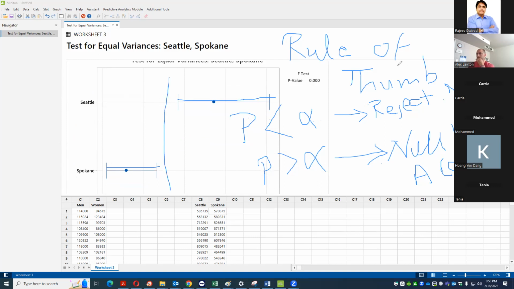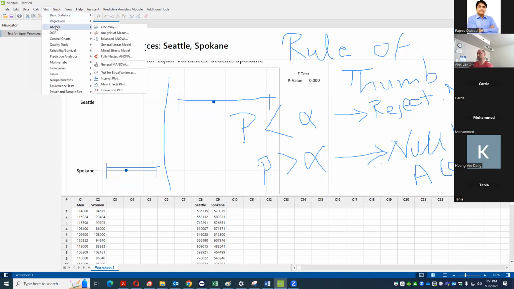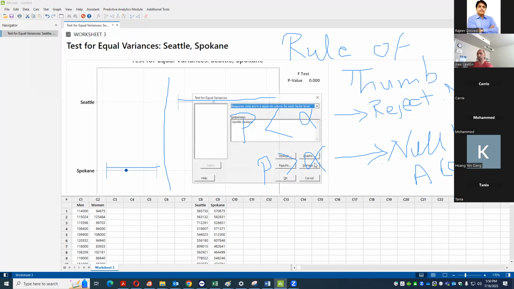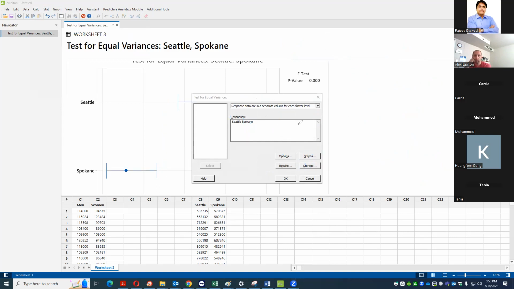So here we test this situation. Another option is that we again use ANOVA and test for equal variance. So here we have options.